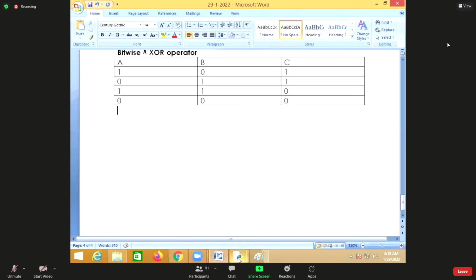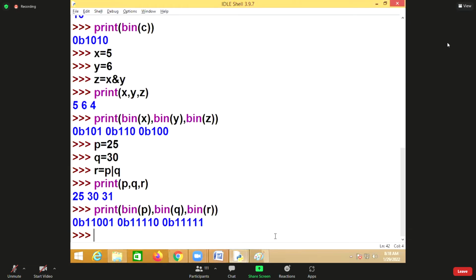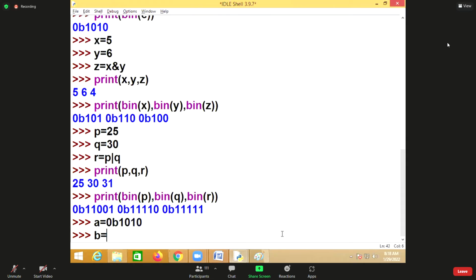Now this is the exclusive OR operator. For example, A value is 0B1010 and B value is 0B1000.